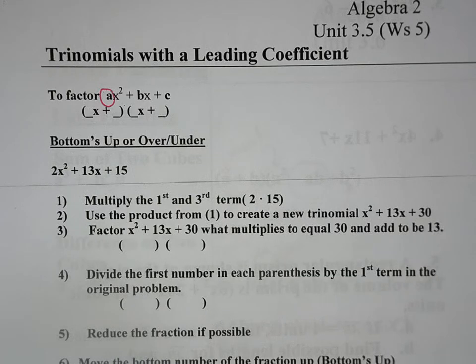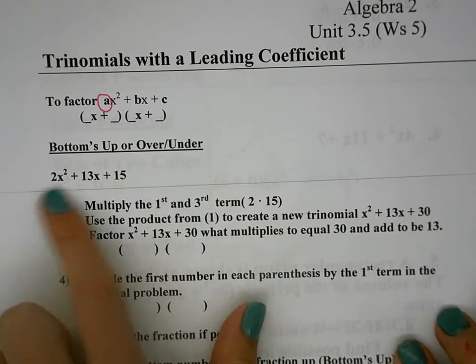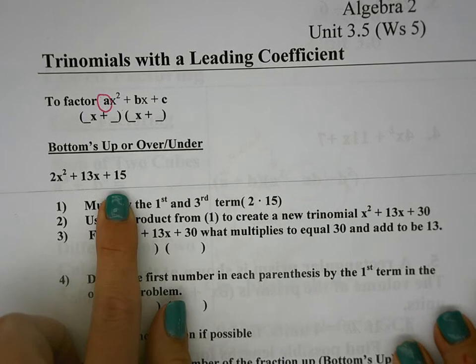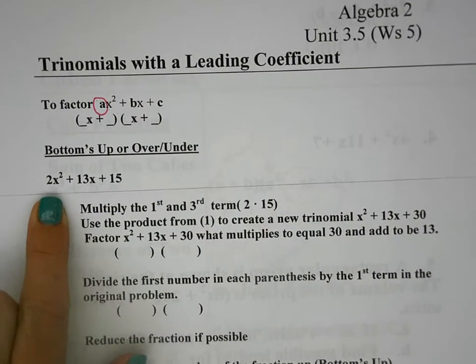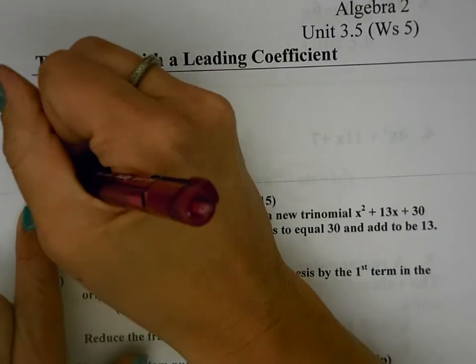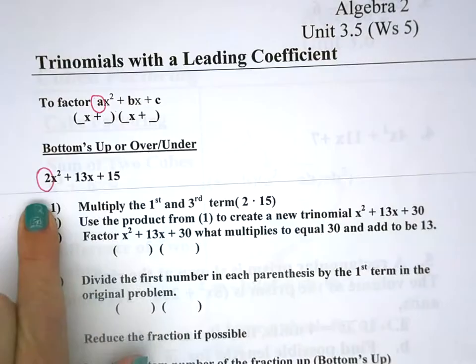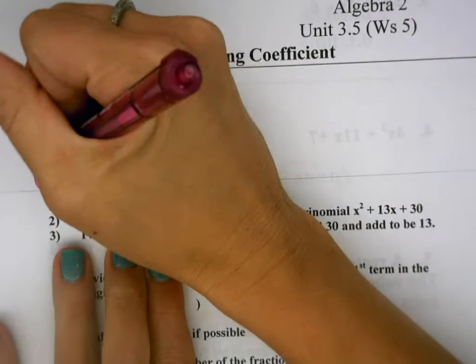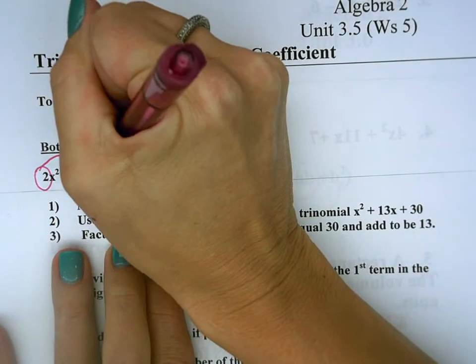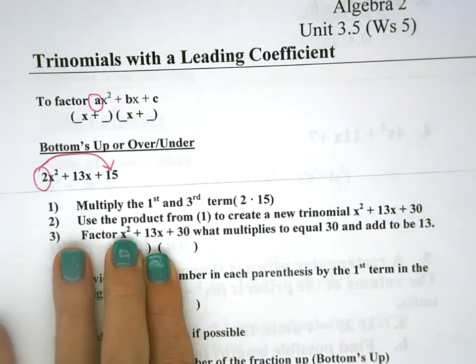Okay, so what do we always check for first when we are factoring? GCF. Always check for that first, okay? Is there a GCF in this problem? No. So, since I still have a leading coefficient, we are going to go over by whatever number is in front. So, in this case, 2 is in front, and so we're taking 2 over to the last term. Okay?